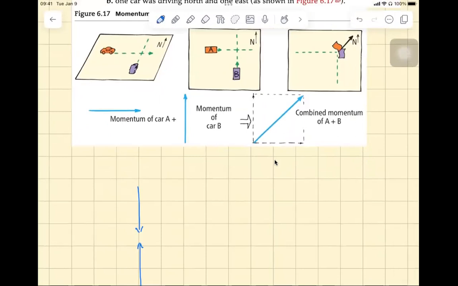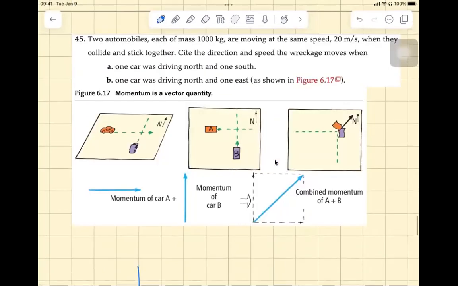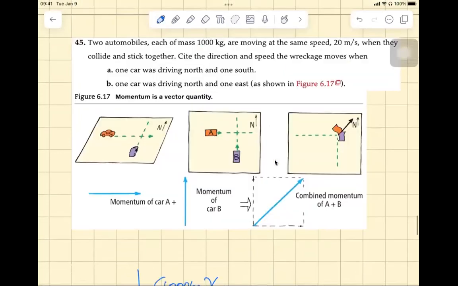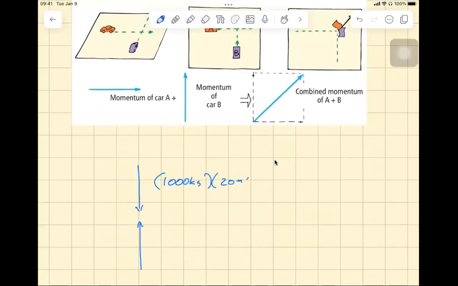So let's say upward momentum will be positive and downward negative. So this is 1,000 kilograms times 20 meters per second. And I said downward was negative, so we're going to make this a minus 20 meters per second because it's downward. So this is minus 20,000 kilogram meters per second.